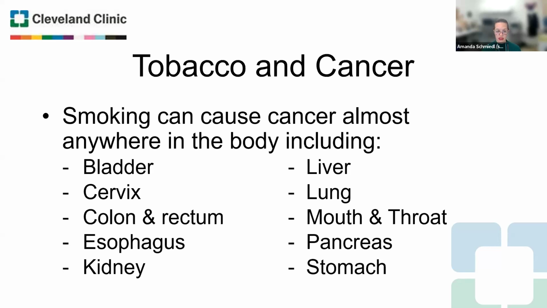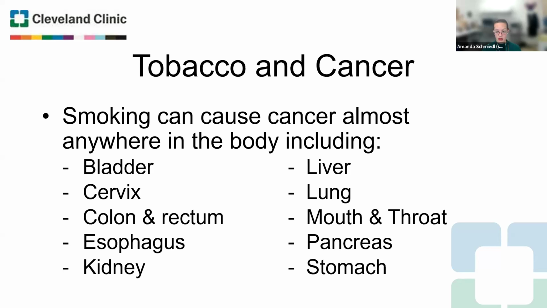It's important to know that anyone between the ages of 50 to 80 who currently smokes, or who quit smoking less than 15 years ago with a smoking history of at least 20 years, should be seeing their provider for a screening low dose CT to screen for lung cancer.